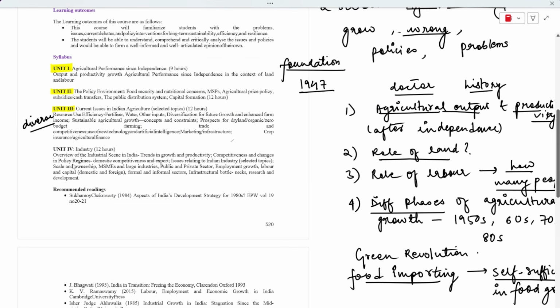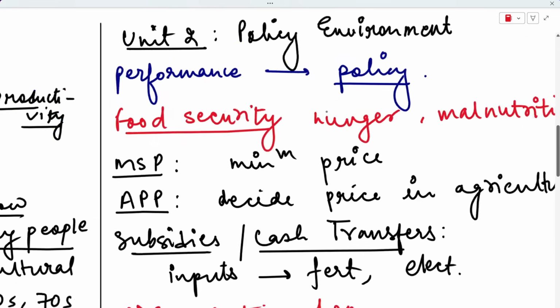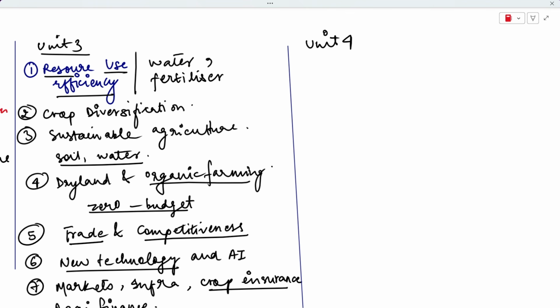Then coming to unit 4, what is unit 4 about? So unit 4 is industry, right? Unit 4 will shift gears completely because we move from agriculture to industry. So in unit 4, first off, we have an overview of industrial growth.